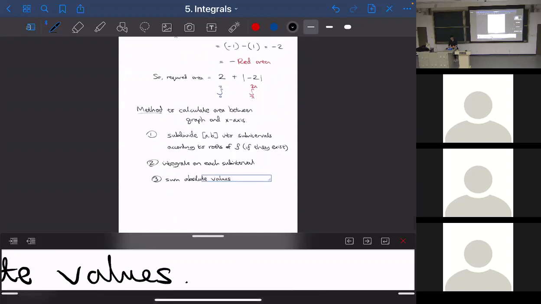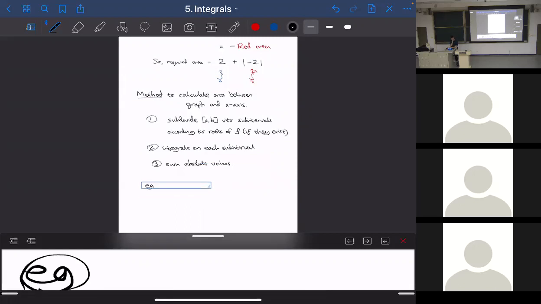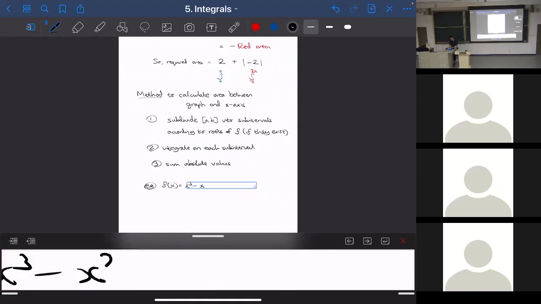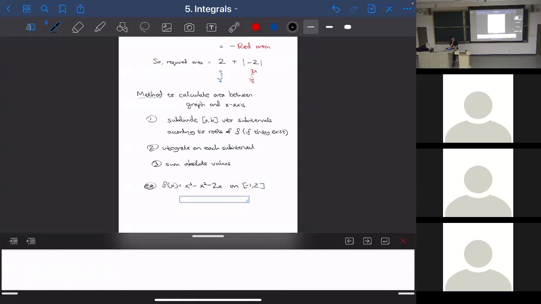So let's give an example to explain. Let's take f(x) is x cubed minus x squared minus 2x on the interval minus 1 to 2. So this is going to factor.